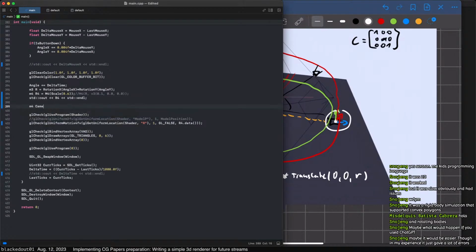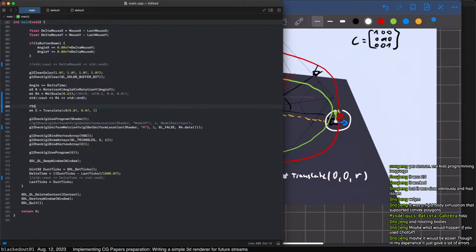So this will be the camera matrix. Let's call it C. So again, the first thing we want to do is translate. And then we can define the camera radius. For example, 6 meters.